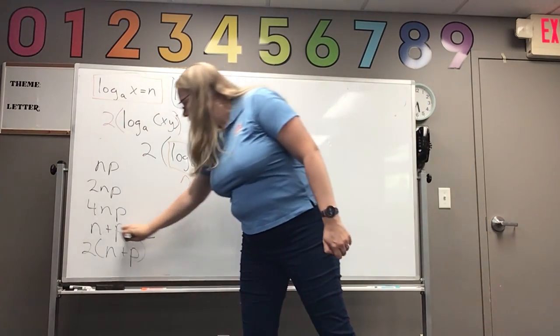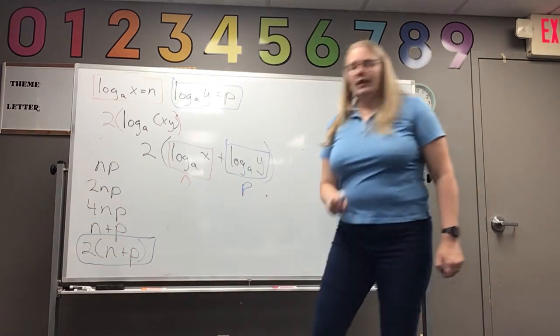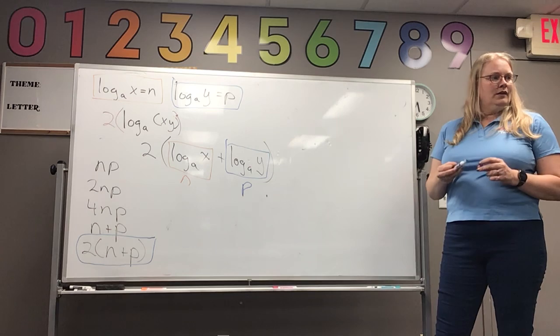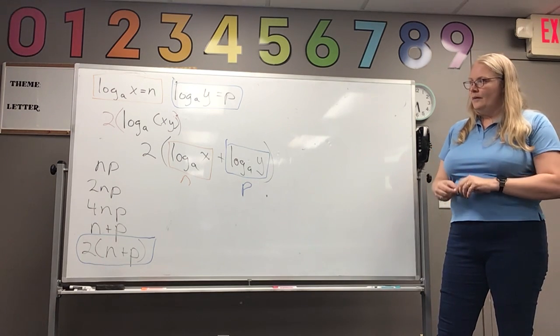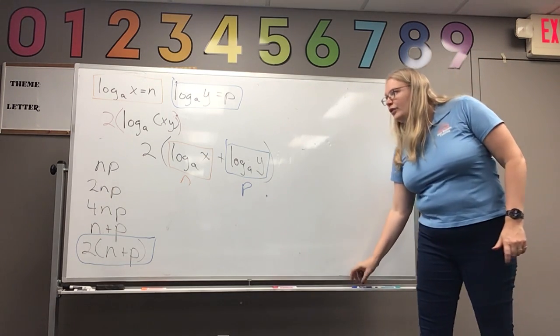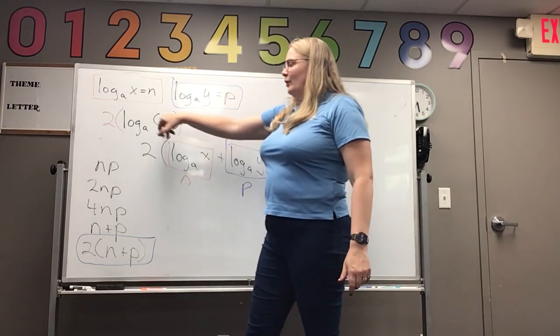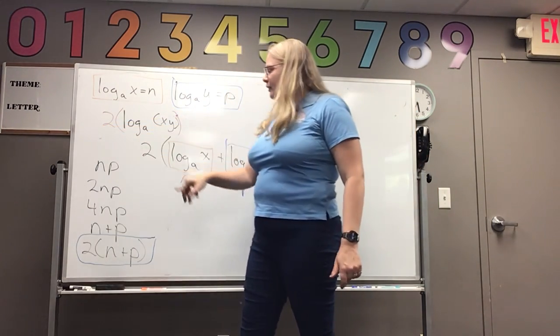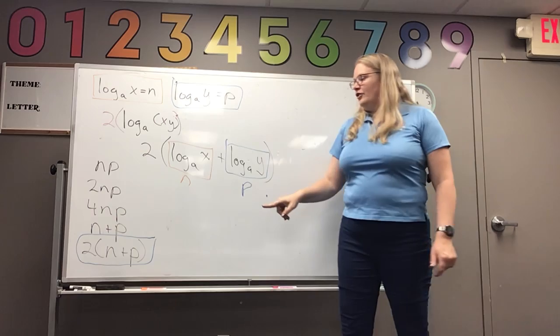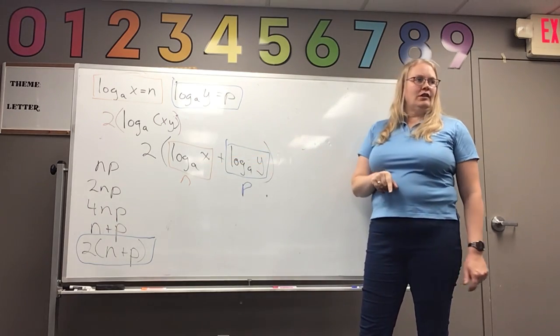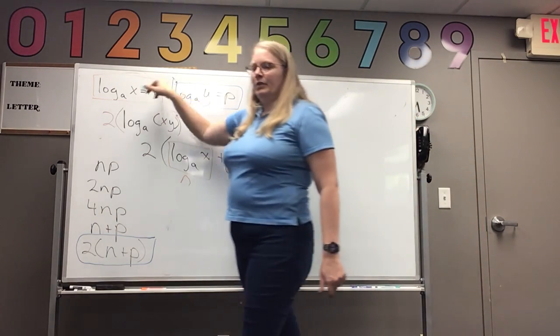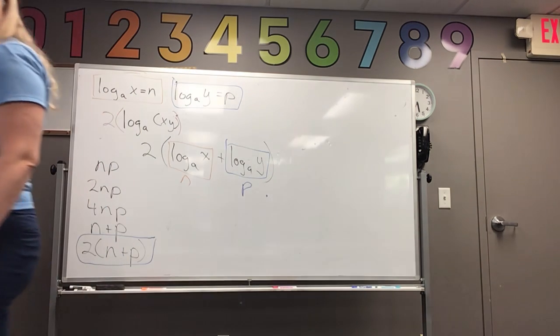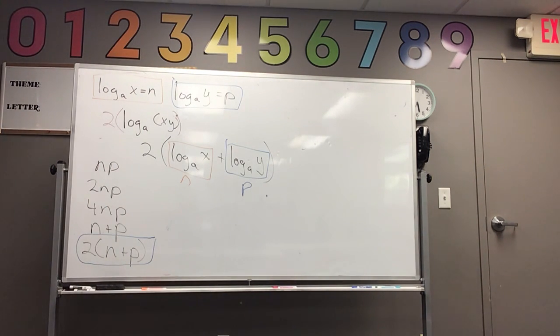And so that's where that comes in. So at first, we can use the squared, pull down as a coefficient. We can break multiplication up into addition, and then we can replace the pieces with what they told us it was equivalent to.